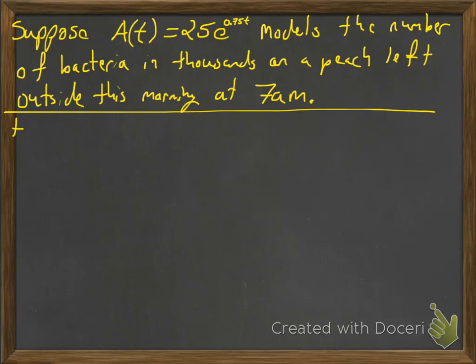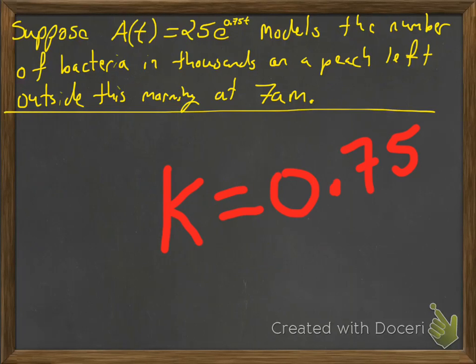Alright, let's suppose A of t is equal to 25e to the 0.75t, and this models the number of bacteria, in thousands, on a peach that was left outside this morning at 7 a.m. In case you're asked as you're going through your homework, your growth or decay constant K in this case is already given to us, so it's 0.75. That's less work for us. We don't have to go find the interest rate or something like that.